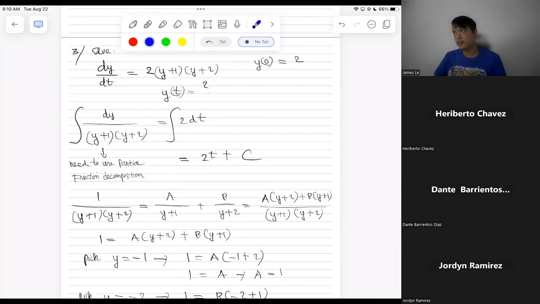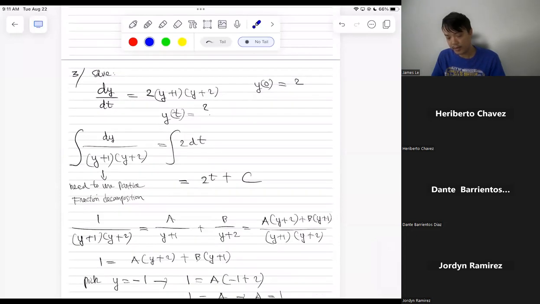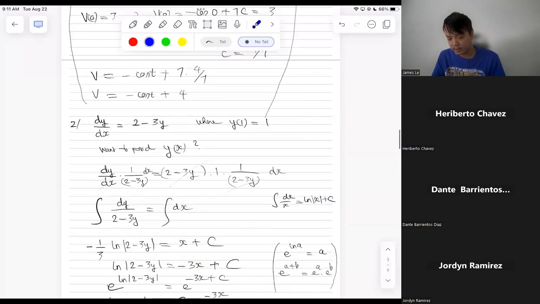Partial fraction decomposition I will test you on as a separate question. I will test you on one problem in partial fraction decomposition, but as a separate problem, not inside solving a differential equation. So I'm not going to give you something like problem 3 on the final, but I will give you something similar to problem 2.